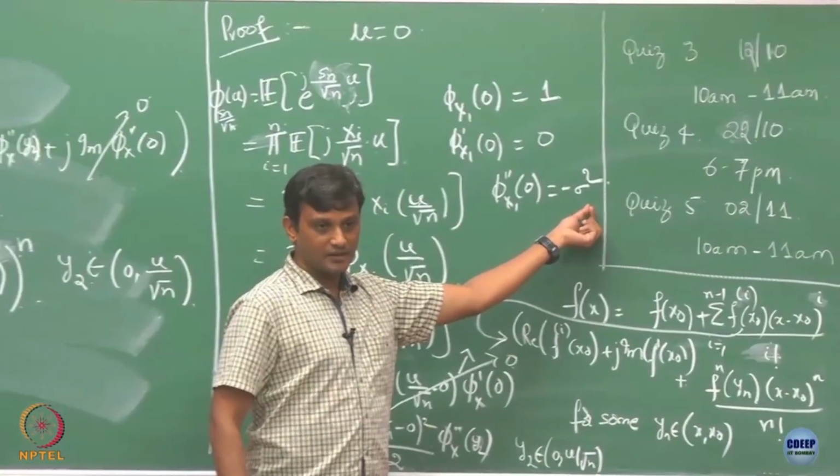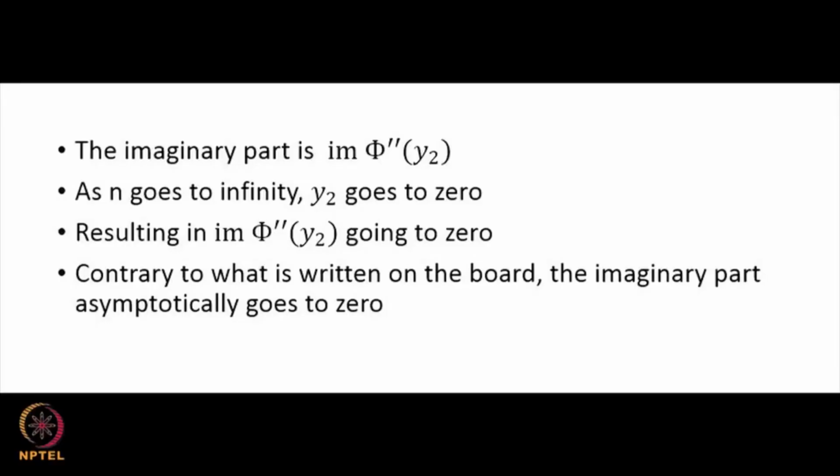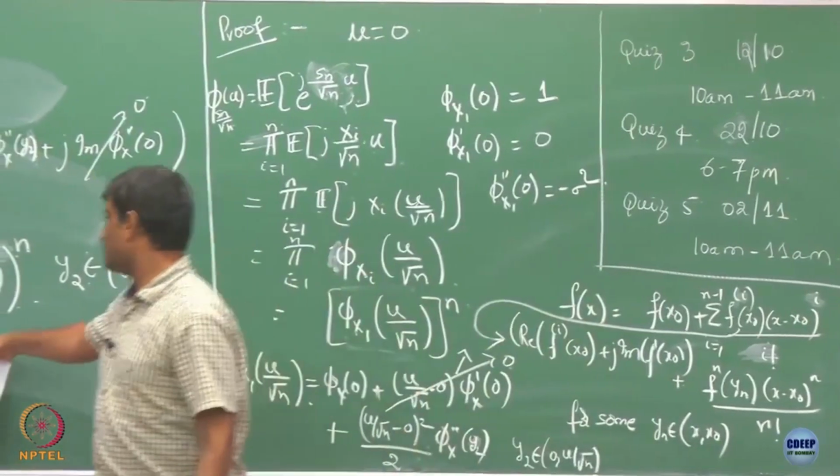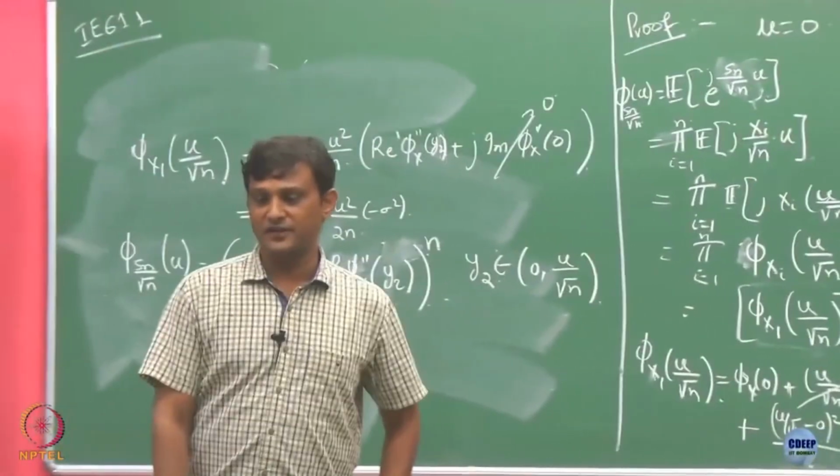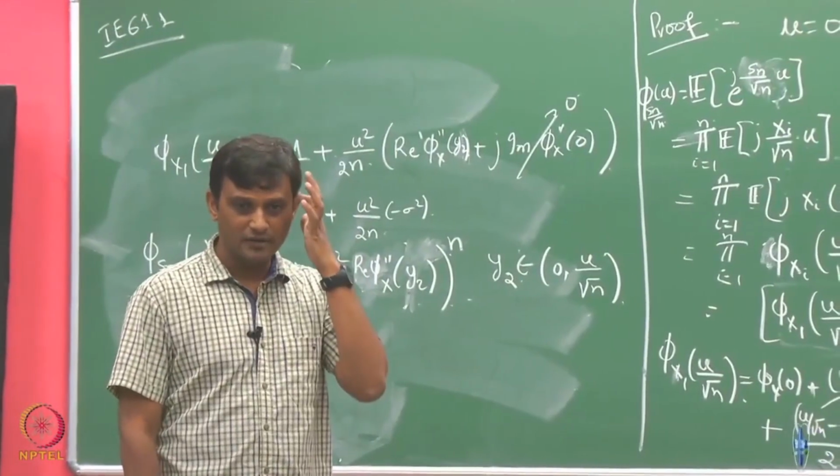Then as n goes to infinity, where will this limit go?